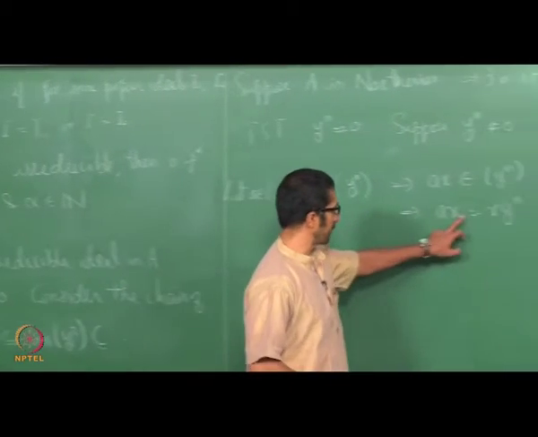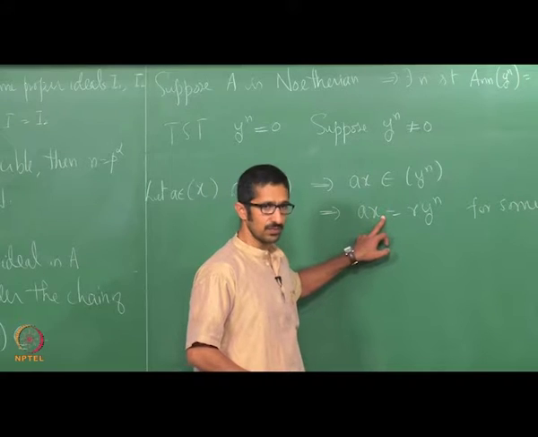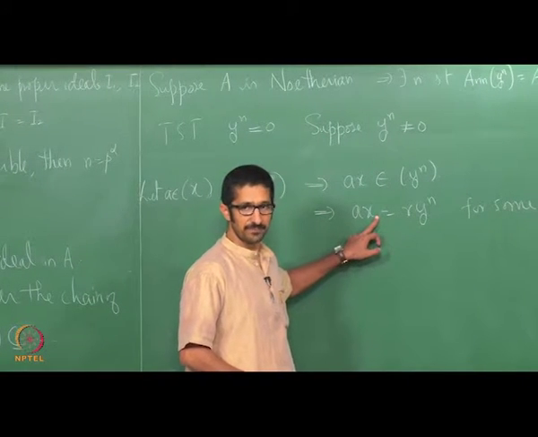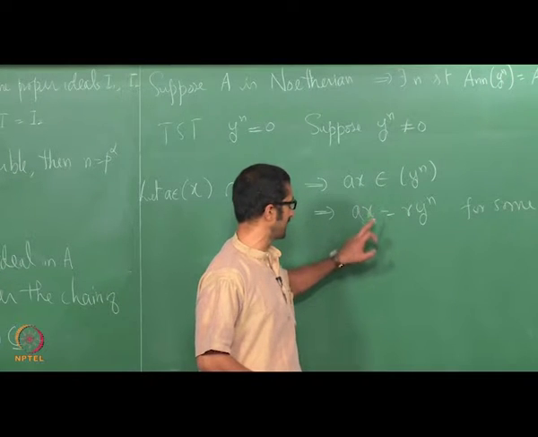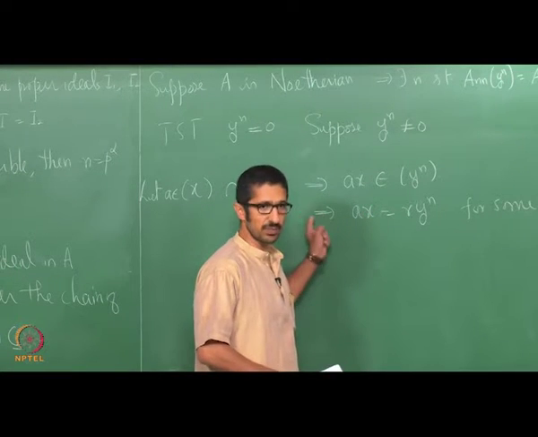Now multiply by y on both sides. What do you get? axy is 0 because xy is 0.